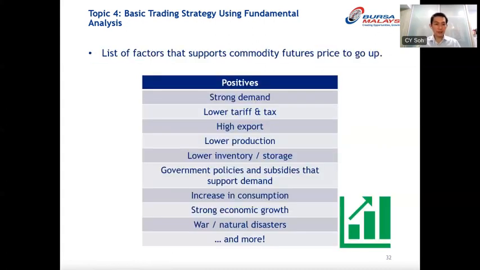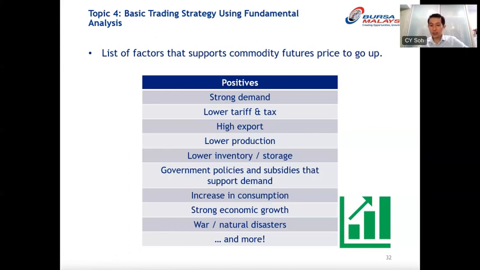Here is the list of factors that support commodity futures prices going up. If you want commodity prices to go down, you just take the opposite of this. Okay, so of course the first one, increase in demand. Rising demand for a particular commodity, for example FCPO, can cause FCPO price to go up. Other factors like population growth or changes in consumer preferences can also contribute to stronger demand.